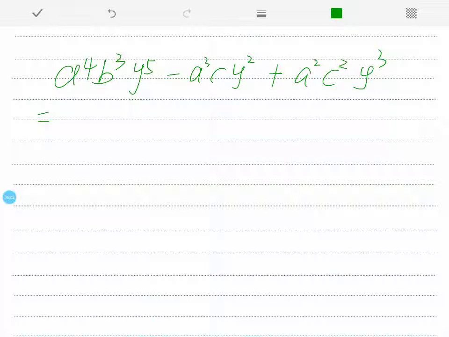It appears to be complicated, but there are no numbers here, so you don't have to consider numbers. For the polynomials, the lowest power for a is a squared, so a squared here.